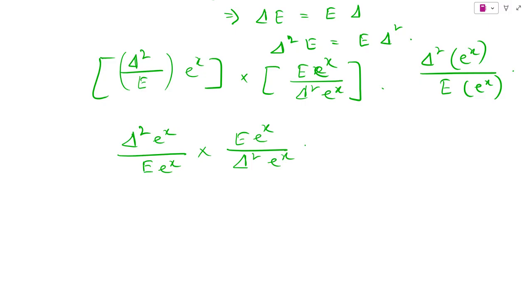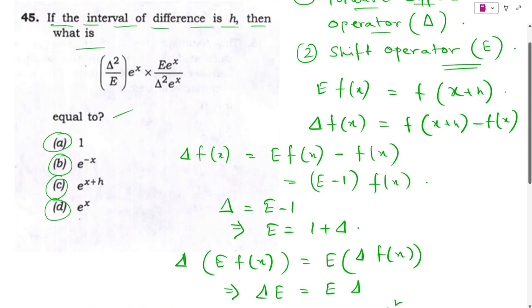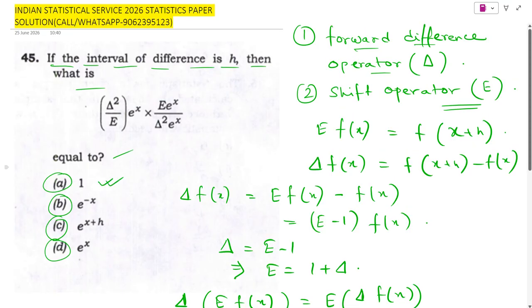The term E e to the power x in the denominator of the first fraction matches the term in the numerator of the second fraction perfectly, so they cancel out, and the term delta square e to the power x in the numerator of the first fraction matches the term in the denominator of the second fraction perfectly, so they cancel out as well. So this is basically 1. Everything collapses symmetrically to 1, which corresponds to which option? Yes, option number A.